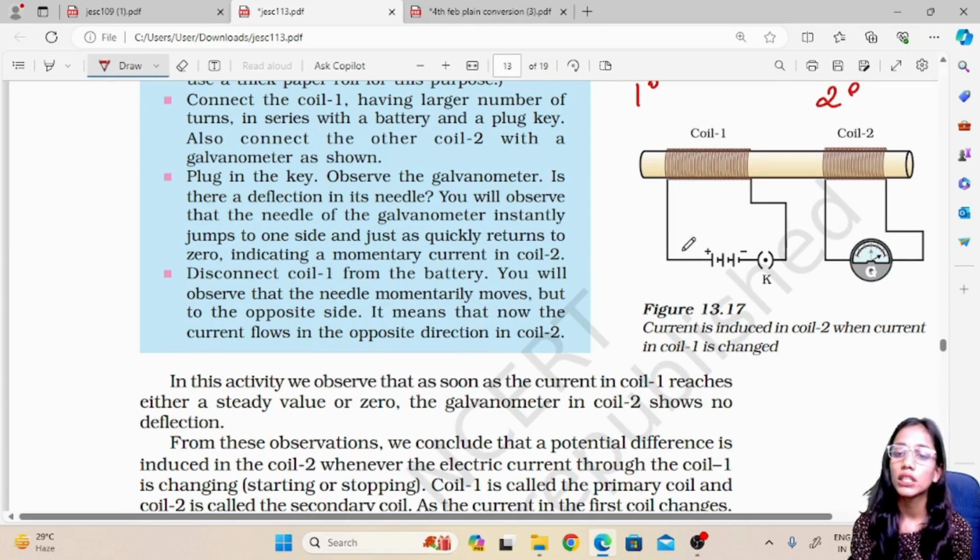When the key was closed, at that time only there was deflection. When the key was removed, when there was no current in the circuit, there was no deflection. But exactly when the key is put, there was deflection in the needle. Again when the key was removed, there was deflection in the needle.